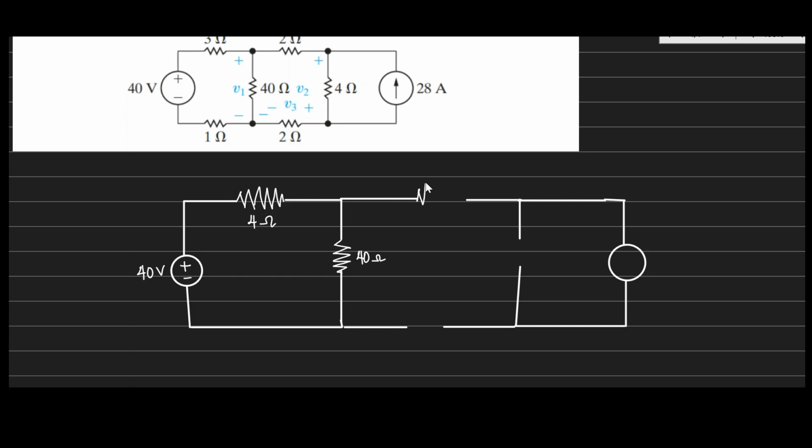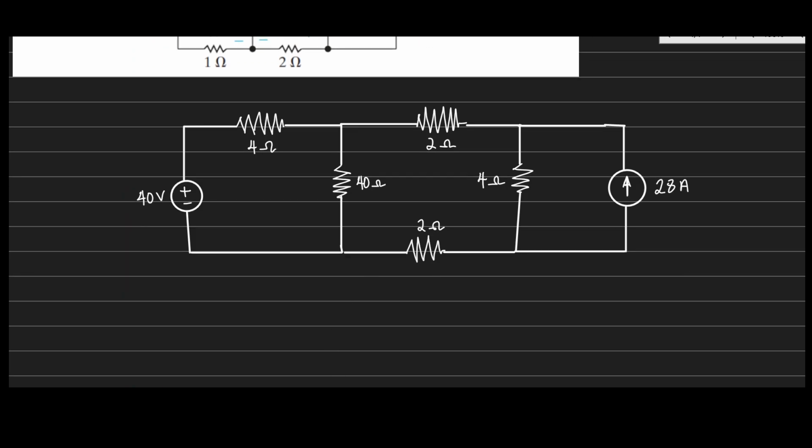And then there's another resistor here, which is a 2 ohm resistor. And there's another resistor here, a 4 ohm resistor. And then you have another resistor here, a 2 ohm resistor. And then this is a current source, with a current in that direction, and that is a 20 amp current source.